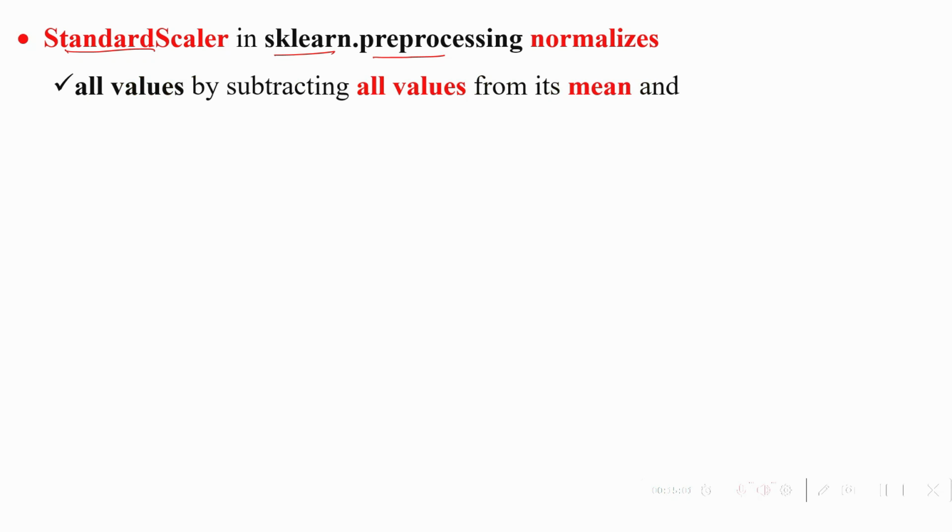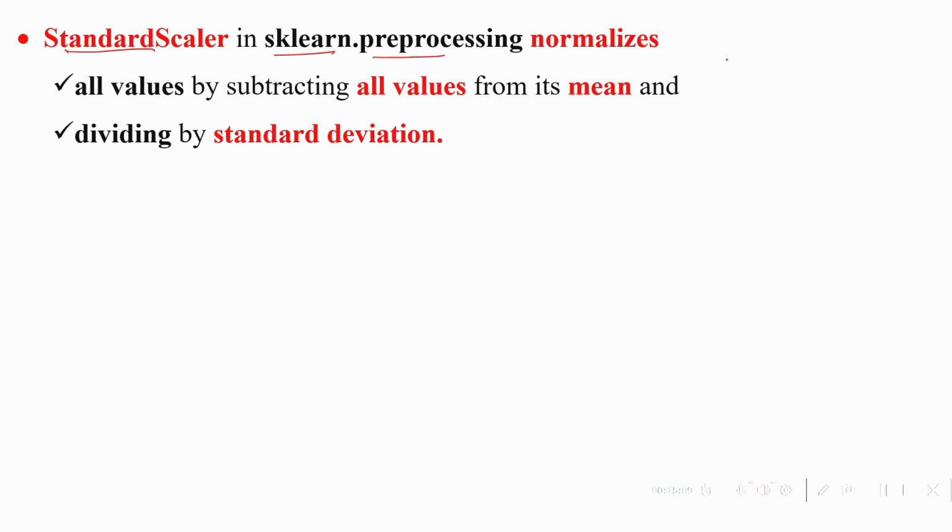Here we will see one example, StandardScaler. StandardScaler is present in sklearn.preprocessing and normalizes our data. It subtracts the mean value from all the values and divides by the standard deviation.